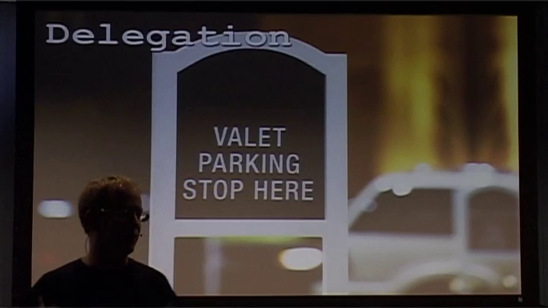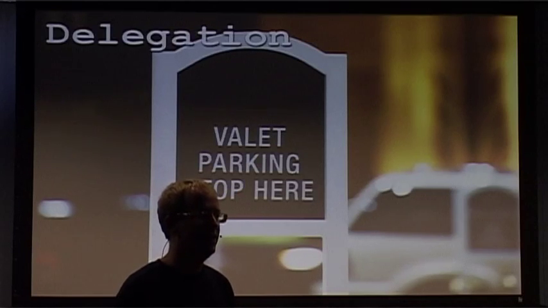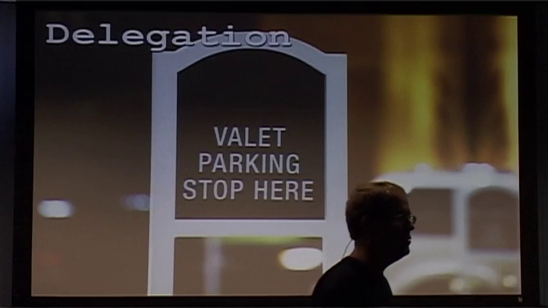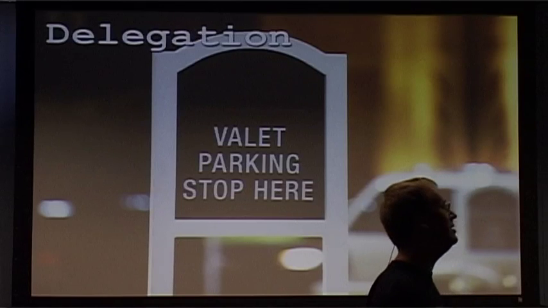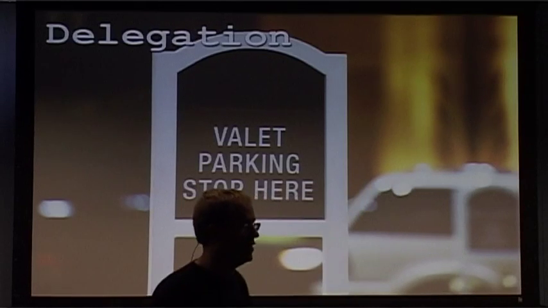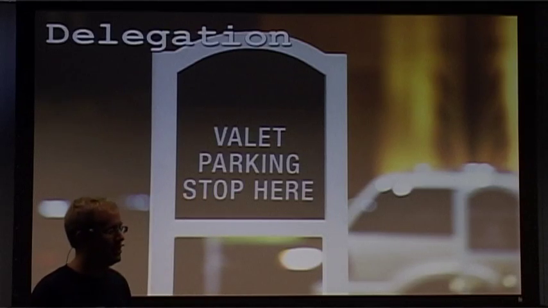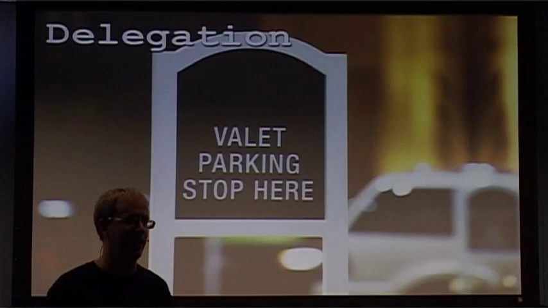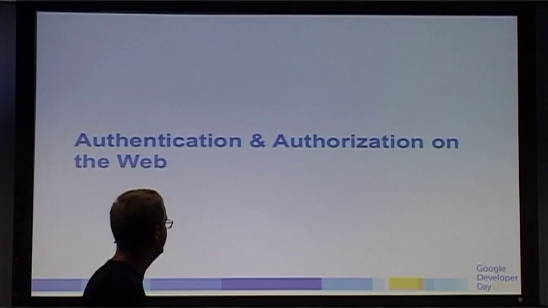And in a fancy world, with a fancy car, you might actually have a special valet key. That valet key will allow the valet attendant to drive your car, but maybe not open your trunk, maybe not open your glove box, or maybe not go beyond 20, 25 kilometers an hour, something like that. So the valet attendant there is getting delegated access, but a limited level of access. And OAuth 2.0 does exactly that.